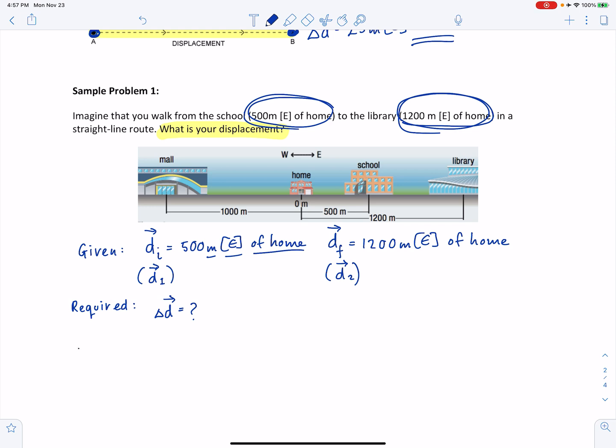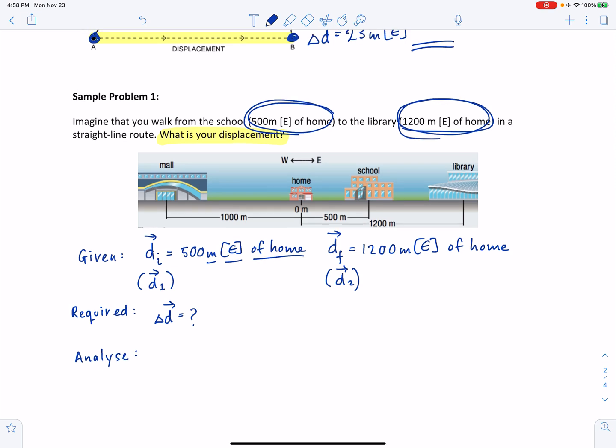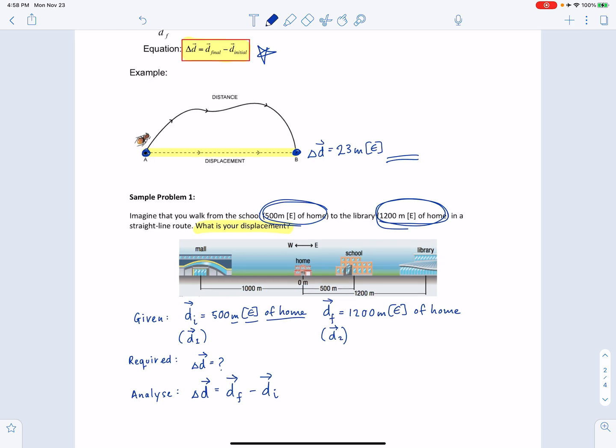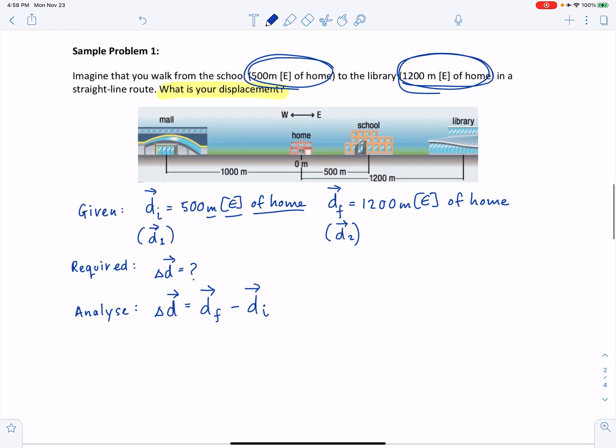So let's analyze what equation we can use. If we look up above, we can see that the equation for displacement is final position minus initial position. So let's sub in our values and solve.